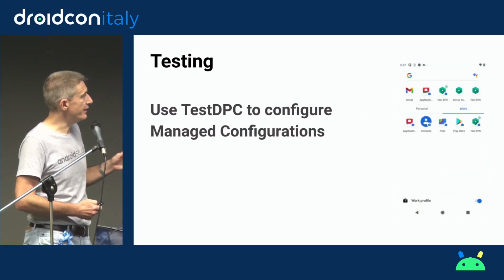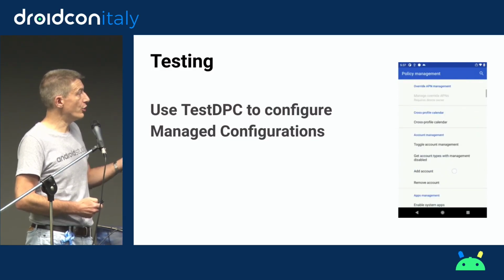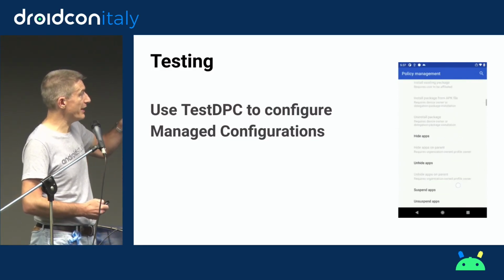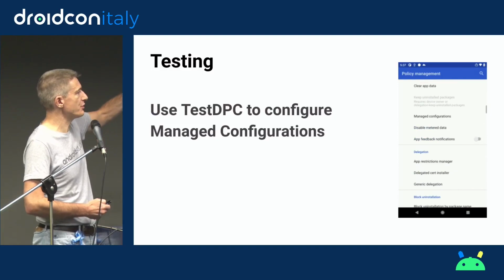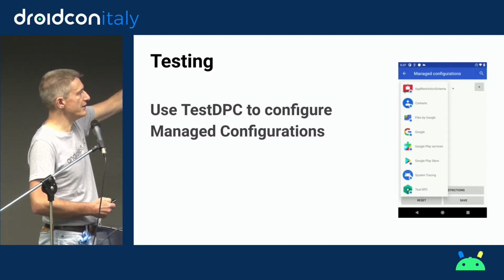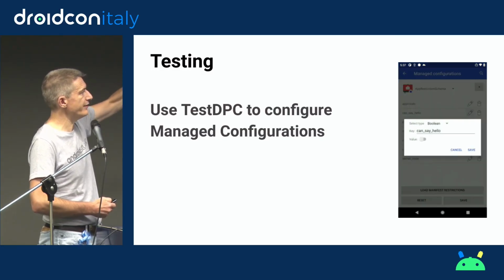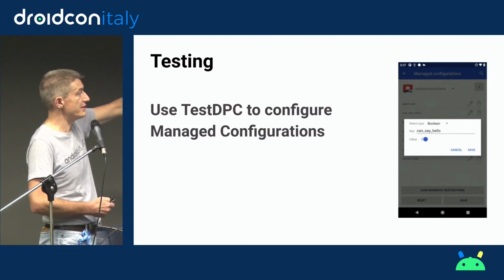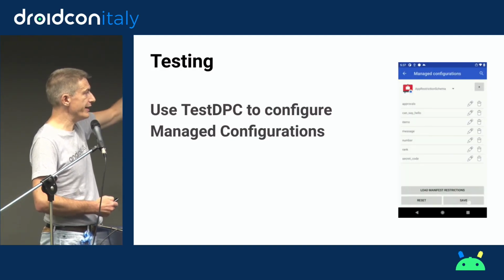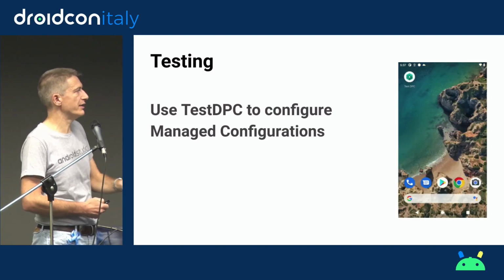We can see that inside TestDPC there is the option to load the managed configuration of the application. I'm scrolling here looking for managed configuration. This is the icon of the sample application I'm using. I can load and get all the different options. In this case, it was can say hello. I enable it, save the data, and the data is now sent to the application.